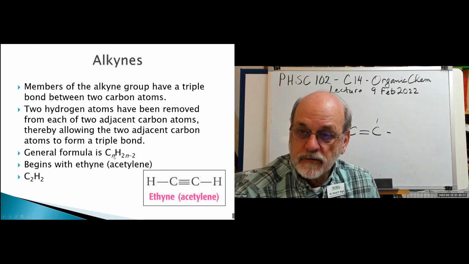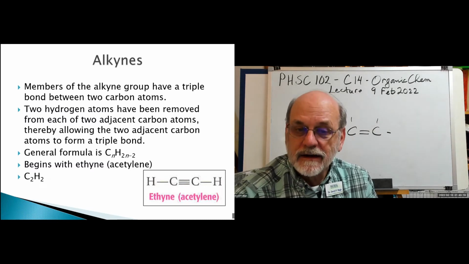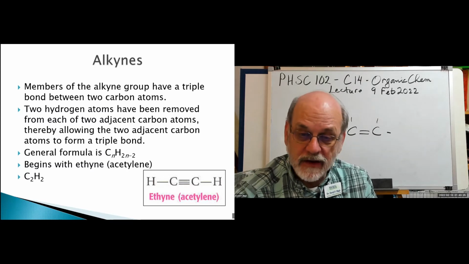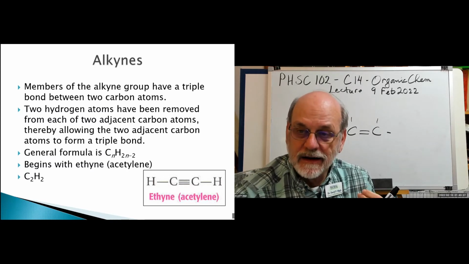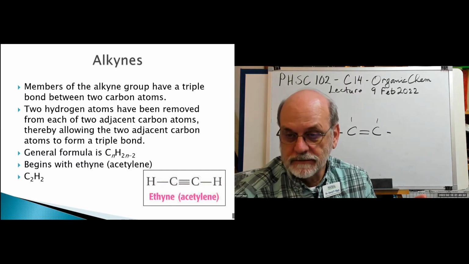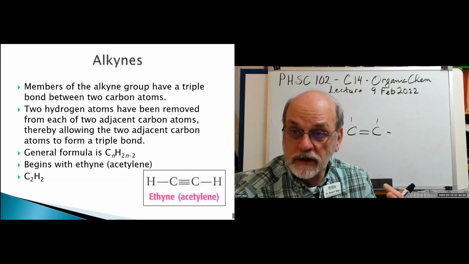In this case, instead of alkanes, which would be CnH2n+2, alkenes and cycloalkanes are CnH2n. That's it. We lost 2 hydrogens. In this one, we lose 2 more. Right?